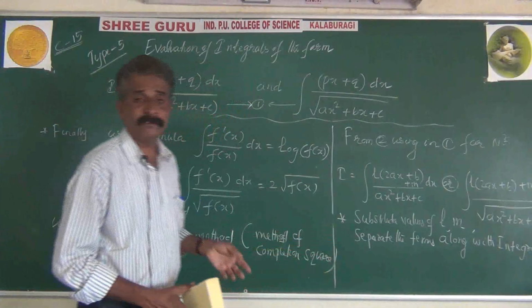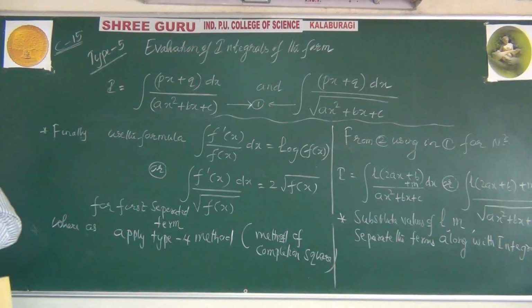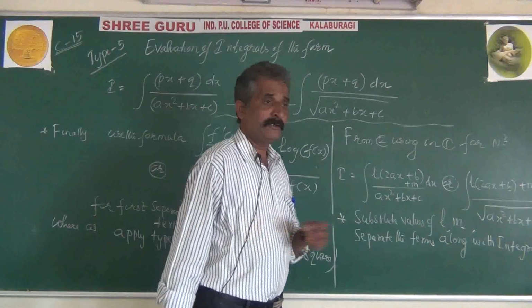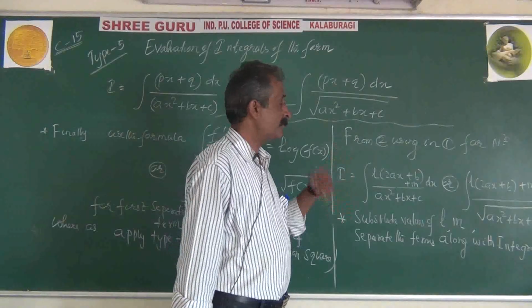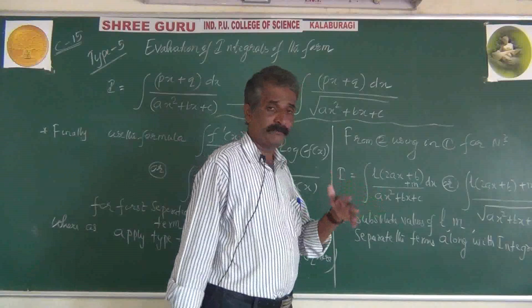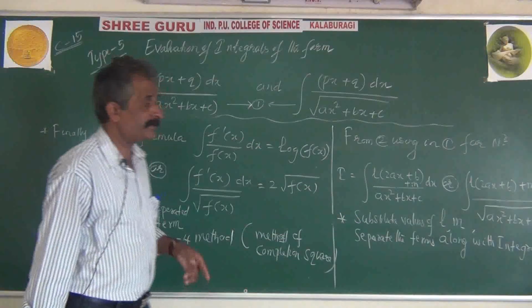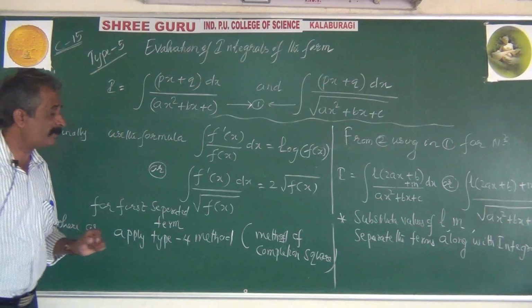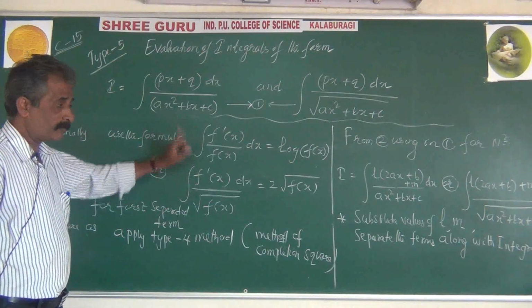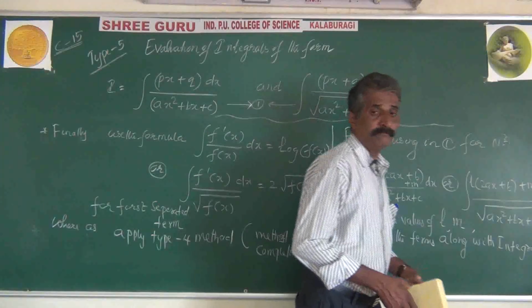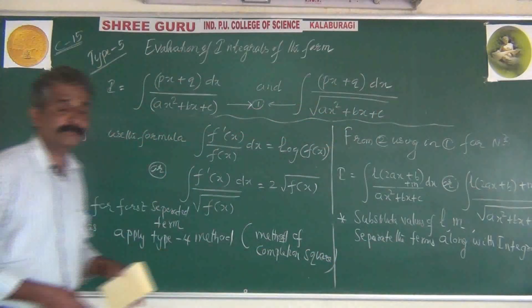After that, compare the coefficients of x and constants to get the values of L and m. Then use the value of the numerator in the problem, substitute the values of L and m, and separate the terms along with the separation of integrations. Then the first integration can be evaluated by either of these two formulas, and the second one can be evaluated by the method of completion of square.